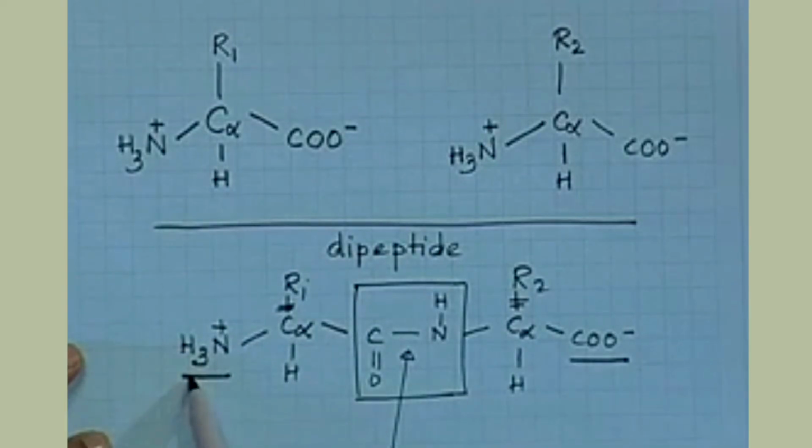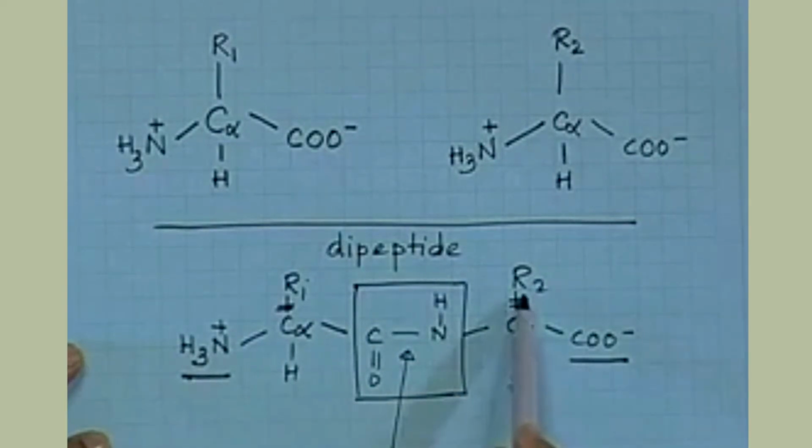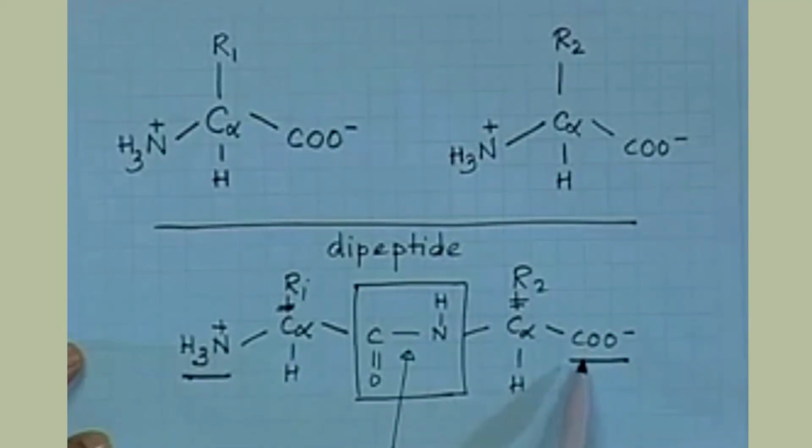Since they are just linked by peptide bonds, it is not necessary to write what is common to all the amino acids, because these are features that we already know. So, instead of writing in each case the NH3 plus or the COO minus, we know that the first amino acid is going to be linked with the NH3 plus terminal, and the last one is going to be linked with the COO minus.